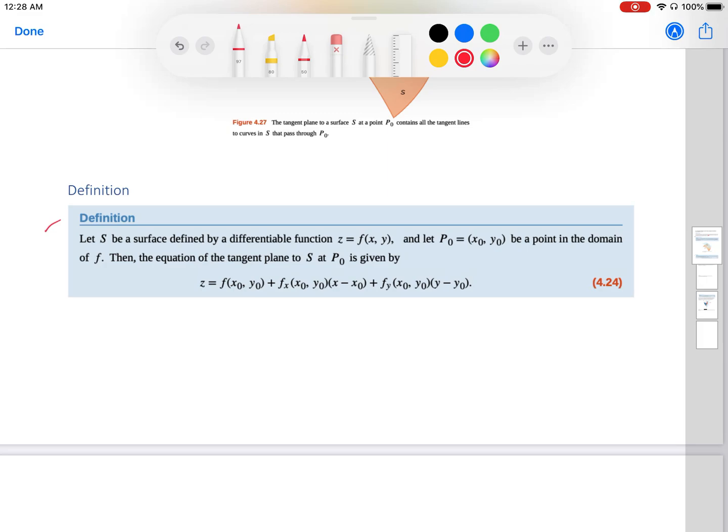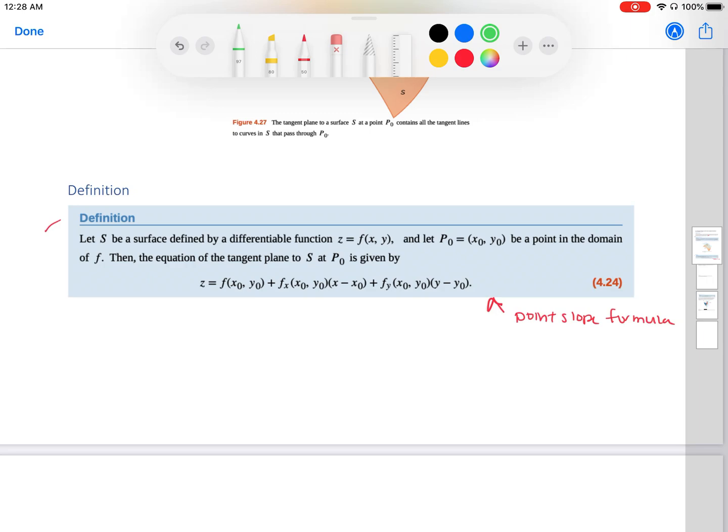When I see this equation, I think of it as your multivariable point slope formula.